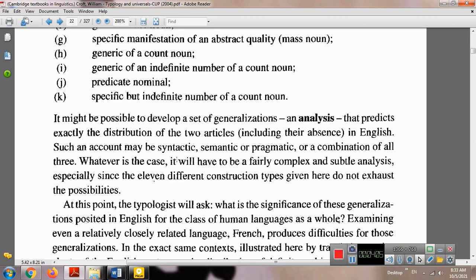Such an account may be syntactic, semantic, or pragmatic, or a combination of all three. Whatever is the case, it will have to be a fairly complex and subtle analysis, especially since the 11 different construction types given here don't exhaust the possibilities.